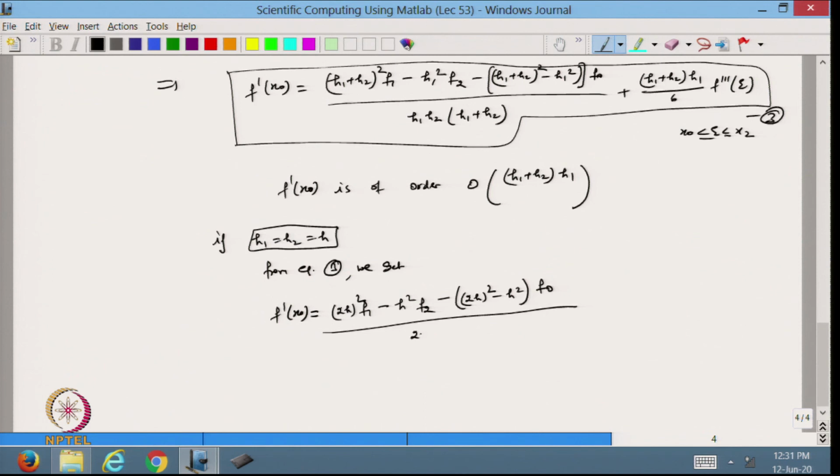So I can write this as 2h into h square, and the order becomes h square.